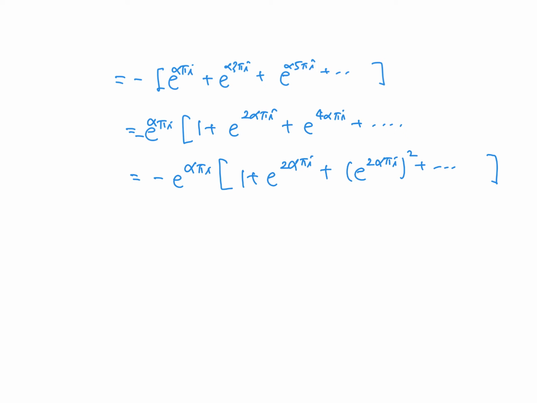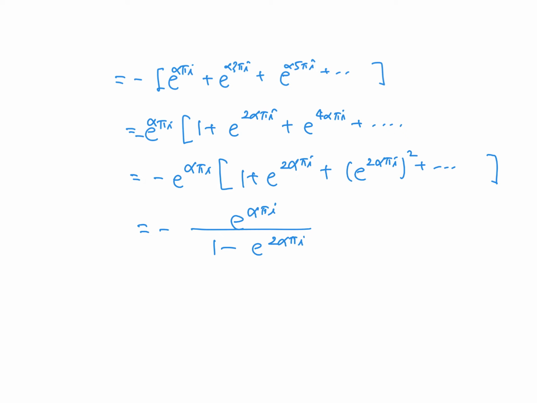The geometric series, 등비급수. So simply it's 1 over 1 minus exponential 2 alpha pi i. So the infinite geometric series sum, 무한 등비급수, you are probably familiar with since high school days.